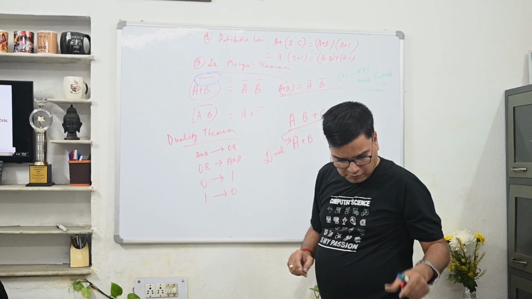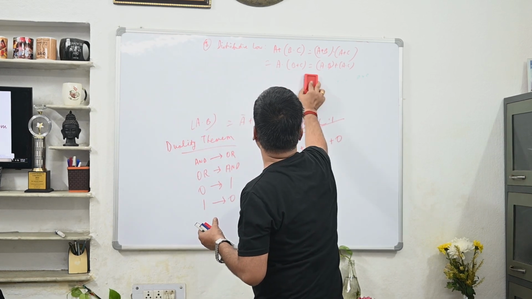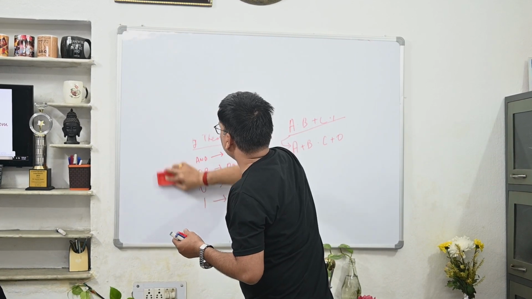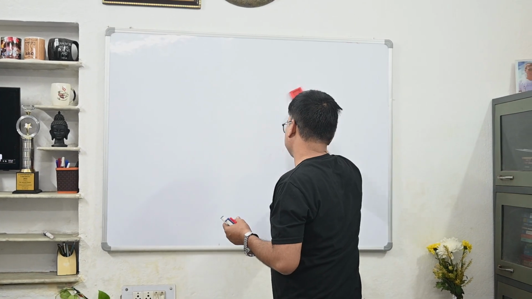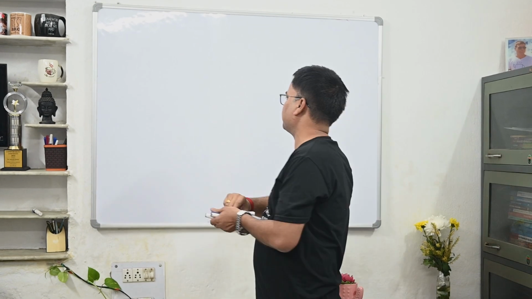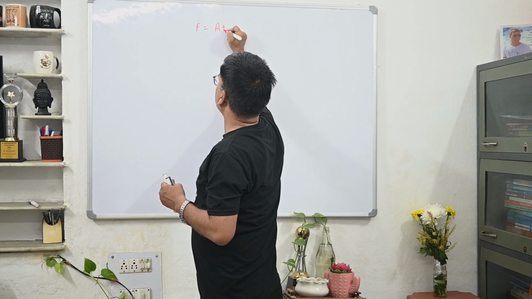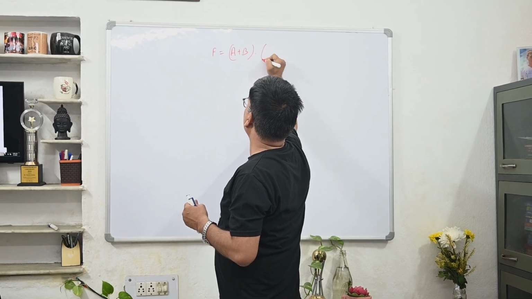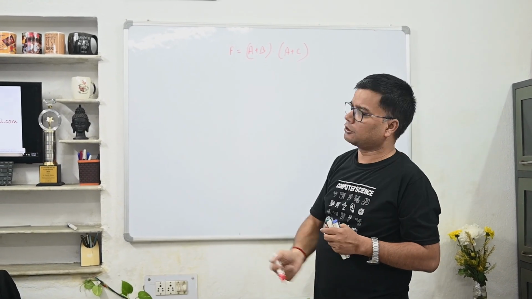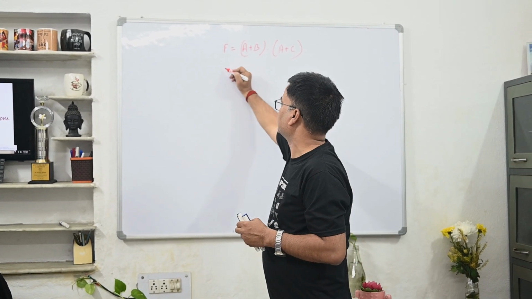One more thing about De Morgan's theorem: it is used to get the complement of a given Boolean expression. For example, if I have f equal to A plus B dot A plus C, find the complement of this expression.